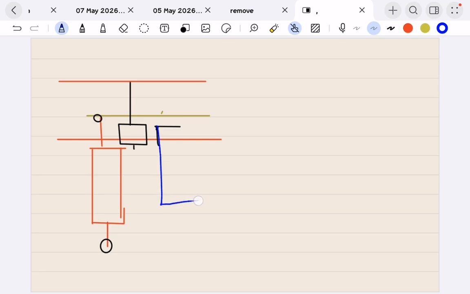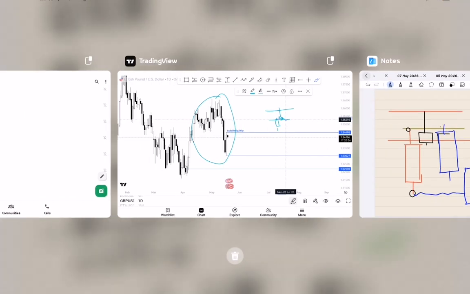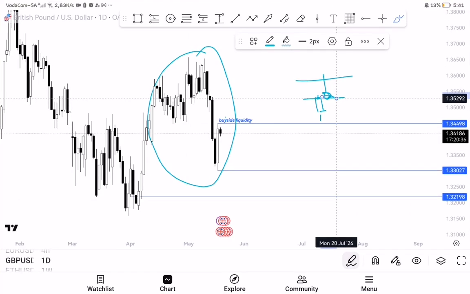Next candle is likely to be like this. Probably another one will be like this, clearing what? The sell side liquidity right here. So that's basically what I will be looking for inside this.